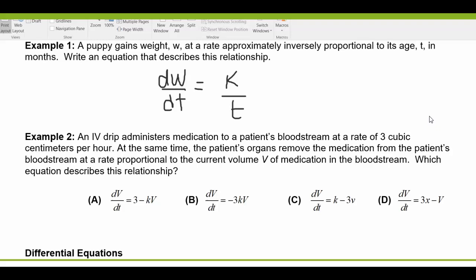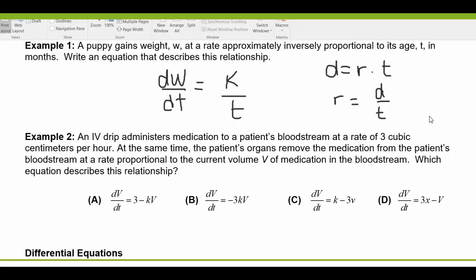Honestly, this should look like a formula we've seen in the past, where K is kind of like distance, D is time, and R is rate. Distance equals rate times time. If you rearrange that, it would be rate equals distance over time.